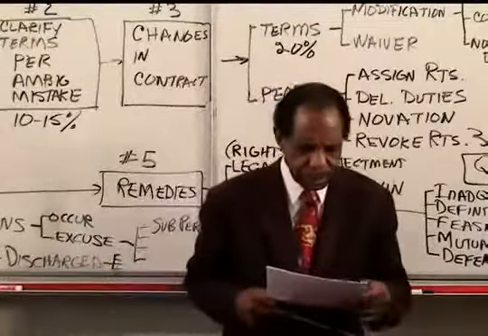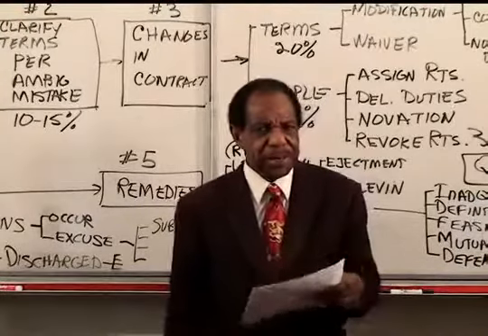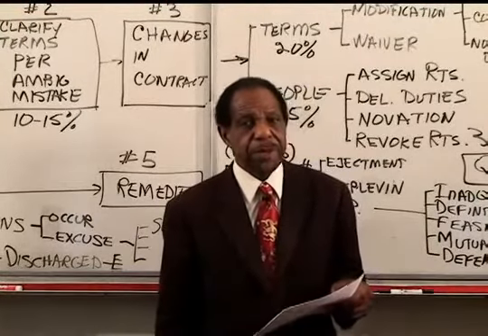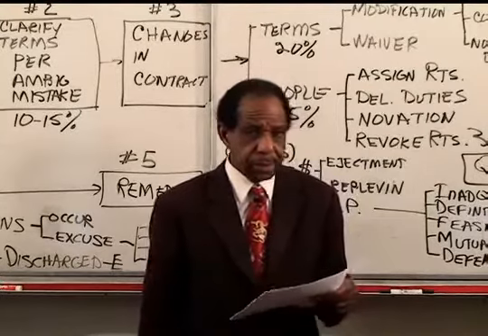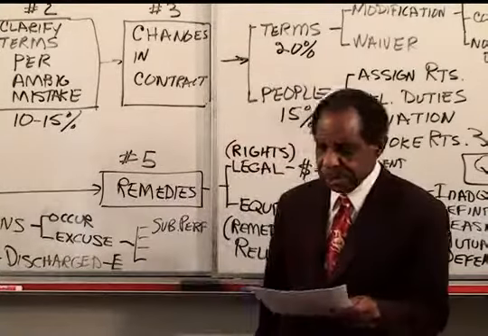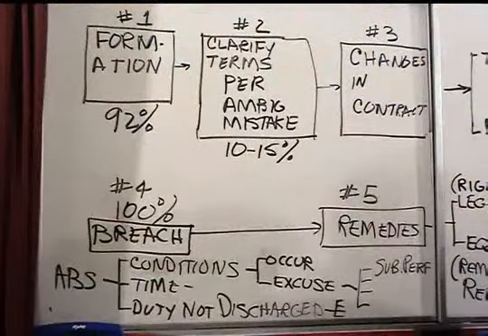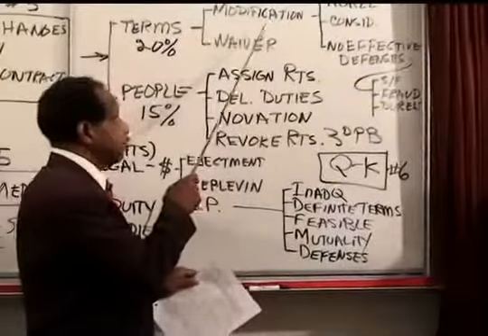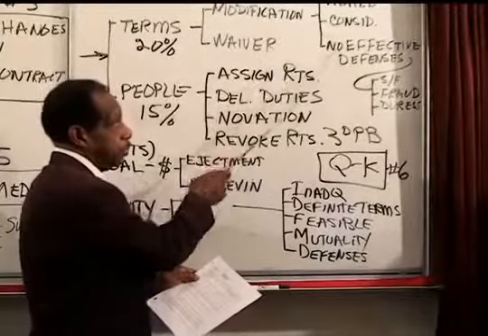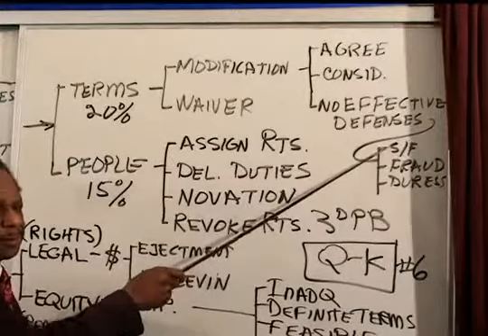Now what I want you to see is that by the time you have finished the first two paragraphs, you have completed the formation and a modification. You form the contract, and the parties tried to modify it, and they've modified it successfully because all three of these requirements have been satisfied. Okay.